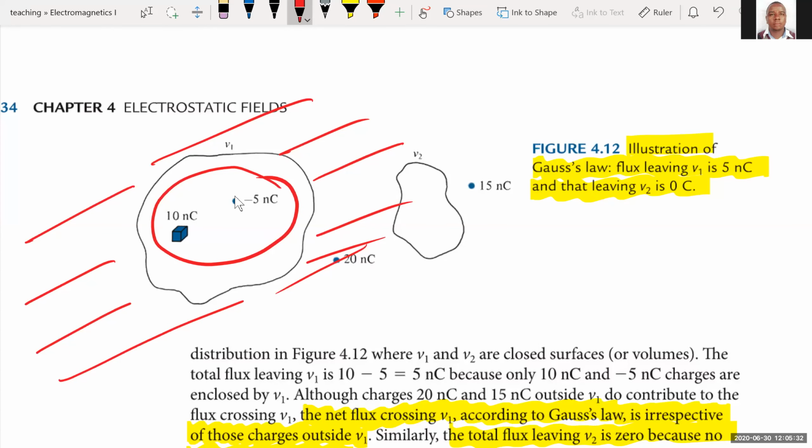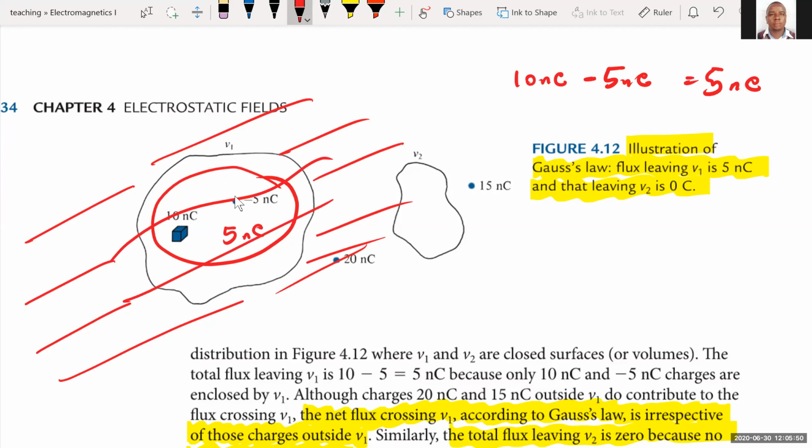So 10 nanocoulombs minus 5 nanocoulombs gives you 5 nanocoulombs. So the flux that will go through here will only be equivalent to 5 nanocoulombs. And so we might only have probably a few lines, two of them, or 3 or 4, that are equivalent to 5 nanocoulombs.